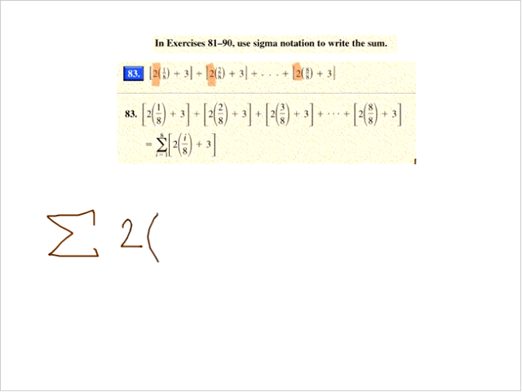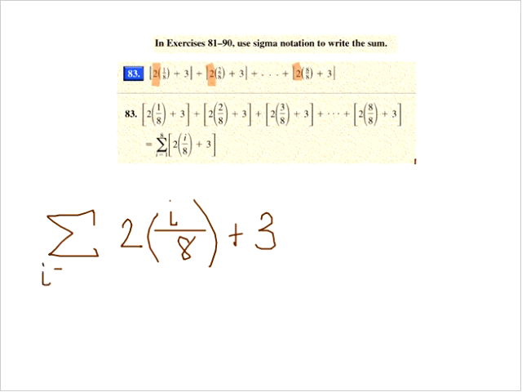Now, it appears that the numerator of my fraction is changing. Since the numerator is changing, I'm going to let that represent a variable, because a variable can change. In this case, we're going to let it be i. The denominator of every fraction is 8, and I'm adding 3 each time.